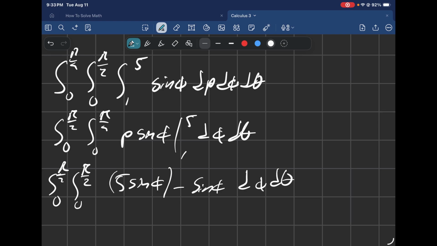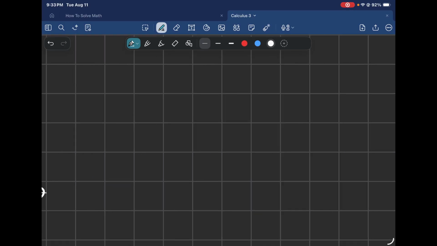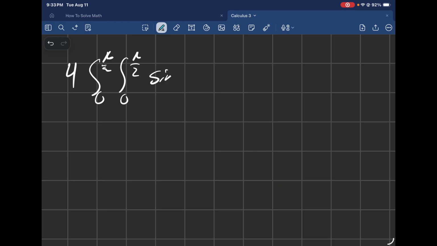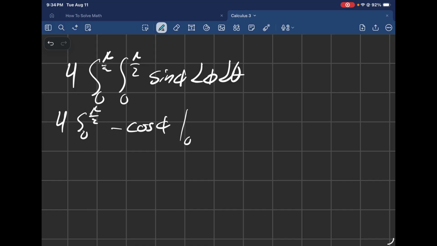And I'm actually going to take that coefficient of 4 outside of the integral. So this is going to be 4, 0 to pi over 2, from 0 to pi over 2, of sine phi d phi d theta, which is going to be negative cos of phi from 0 to pi over 2, where cos of pi over 2 is just 0, and cos of 0 is just 1.